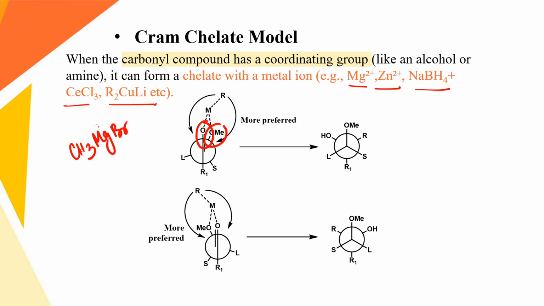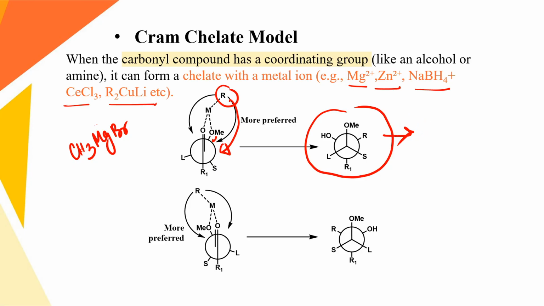Now this particular Mg is allowed to chelate further, so this orientation of the molecule will become more favored because of the chelation effect, and from there this R will attack from the less hindered side, and it will form this intermediate, and after getting the correct Newman formula, we'll get the final product.